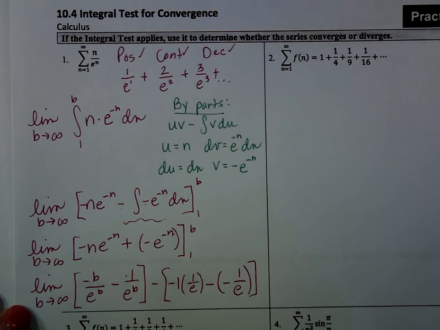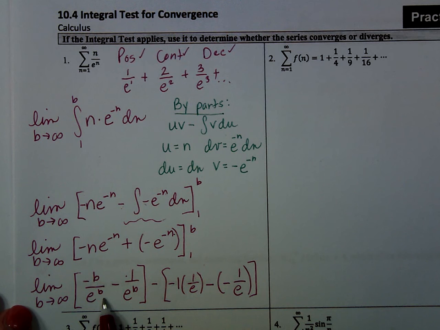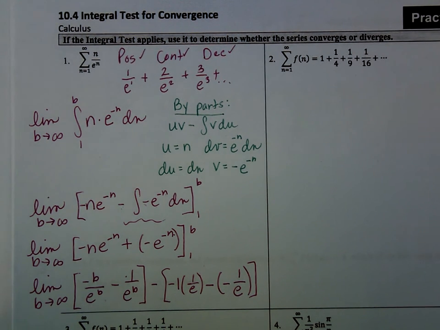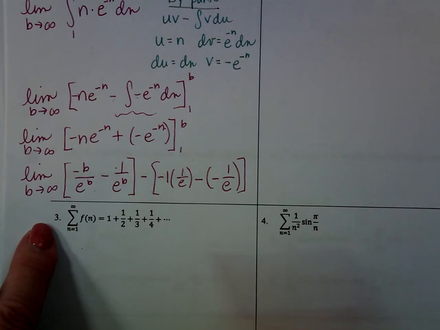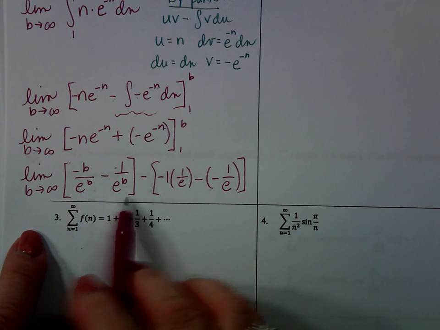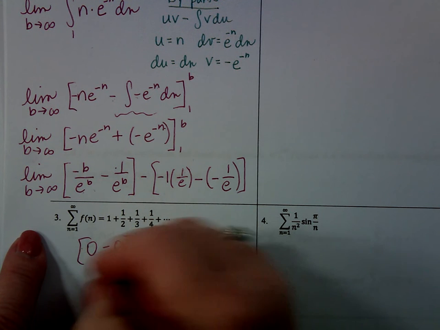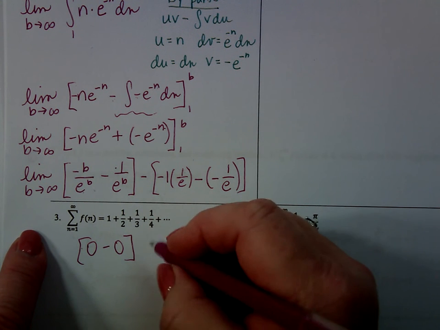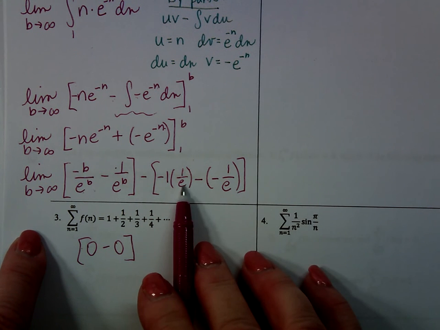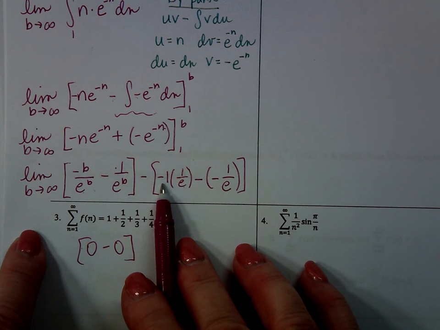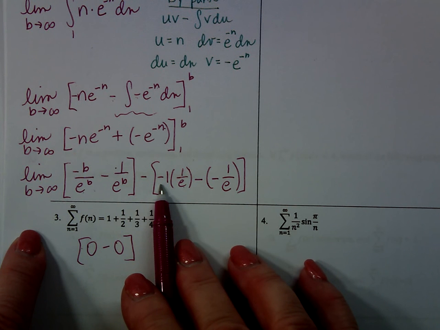Well, if I put infinities in here, these are infinities in the denominator. I'm going to have e to the infinity in each of these denominators. They become 0. And then I have a negative 1, actually negative 1, so that makes this plus.